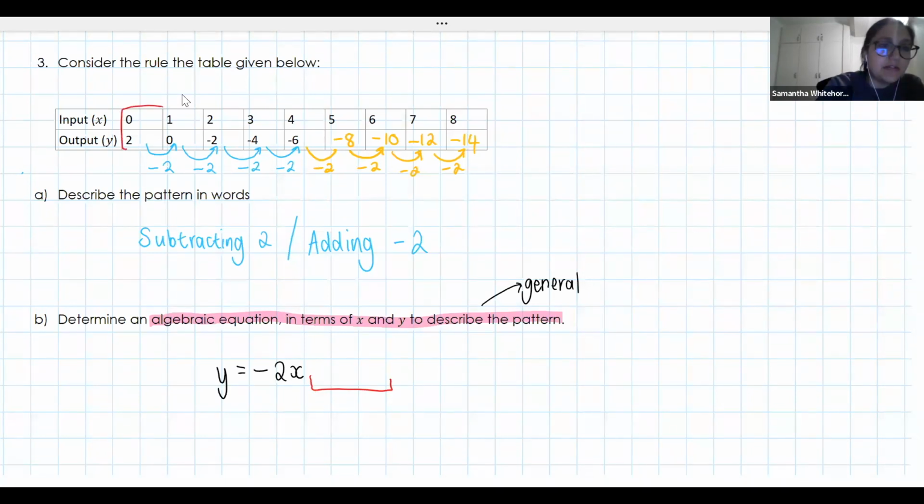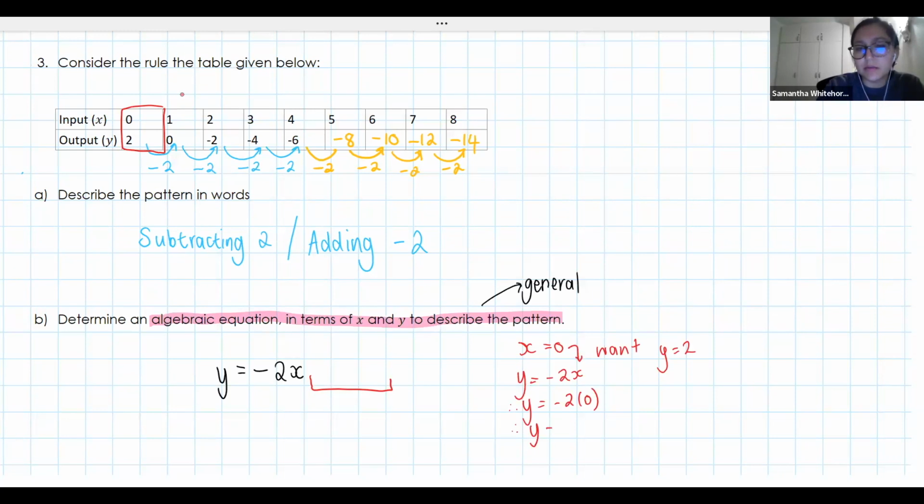If I take my first input, x is equal to 0, and I want to get an output of y equals 2. So if we apply the rule that we have so far, y equals -2x, and I substitute in 0 for x, y is equal to -2 times 0.